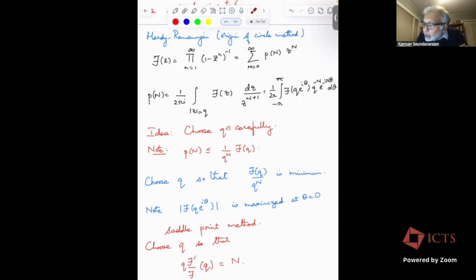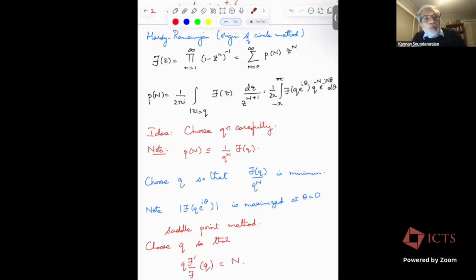Now, you could do this for any value of q that's less than 1. And the great power of the saddle point method, or the method of stationary phase, is that you can choose this parameter q in a careful way.